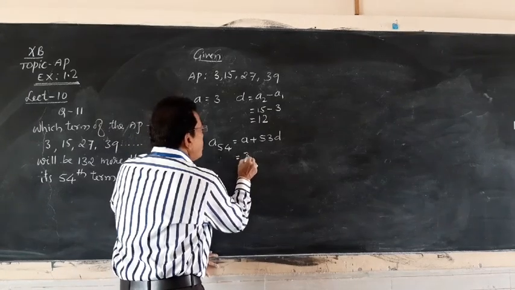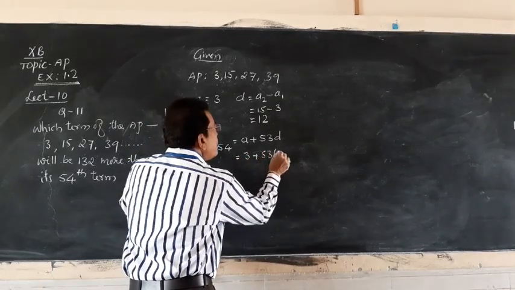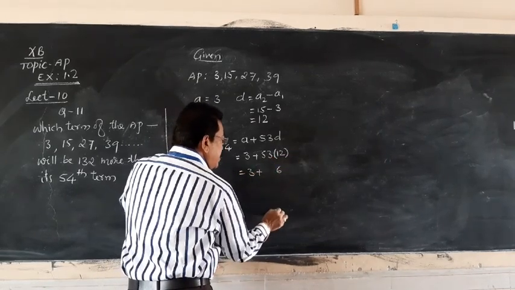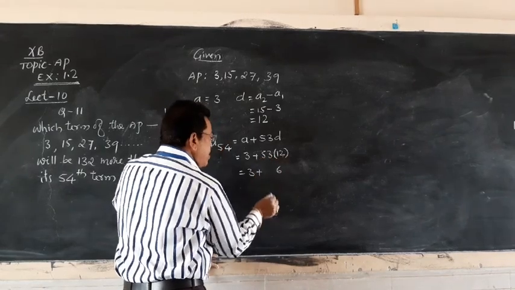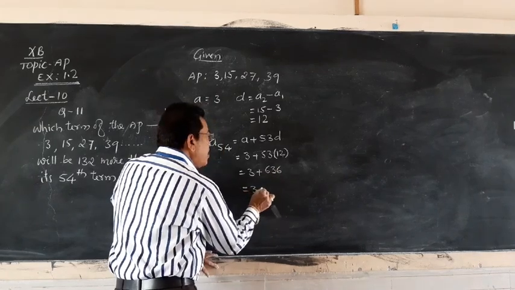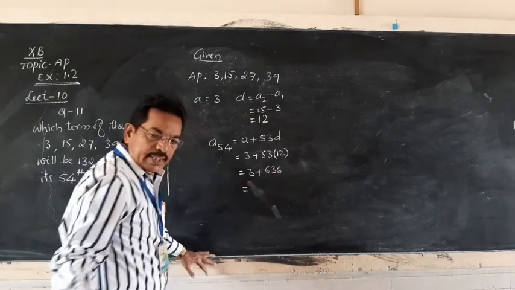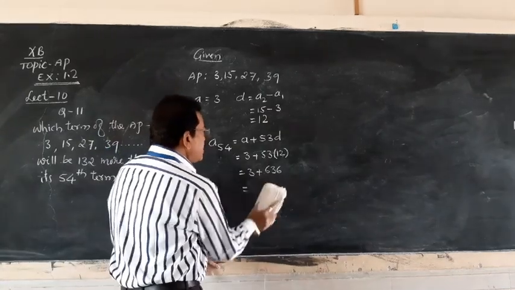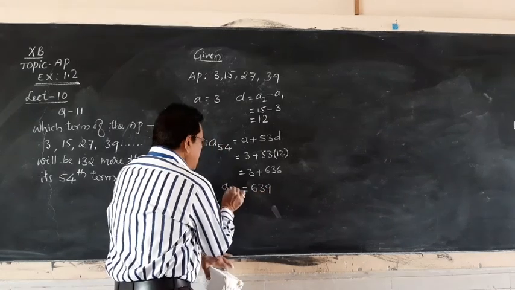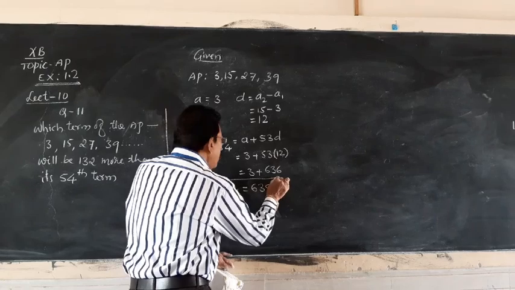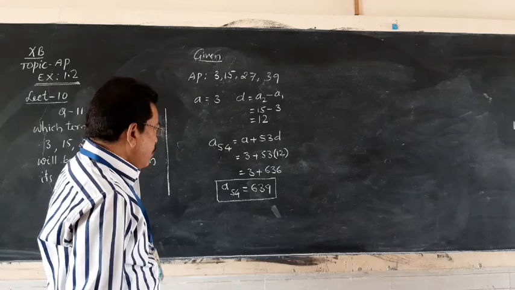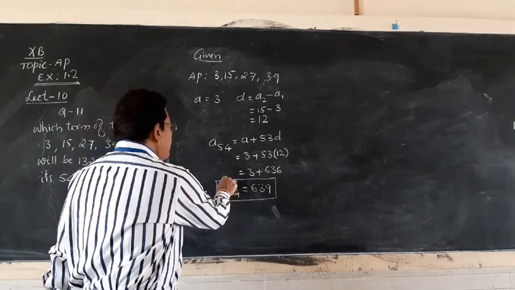Now A we know is 3, plus 53 into D, that means 12. 12 threes are 36, carry 3. 12 fives are 60 plus 3, 63. Total 3 plus 636, that is 639. A54 is 639.